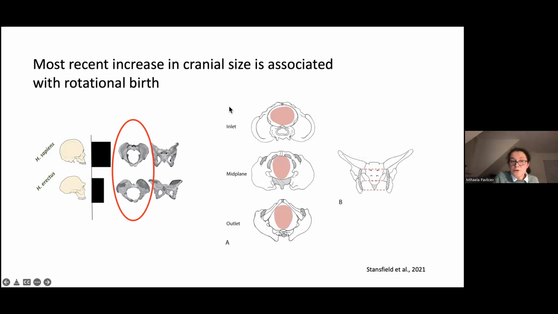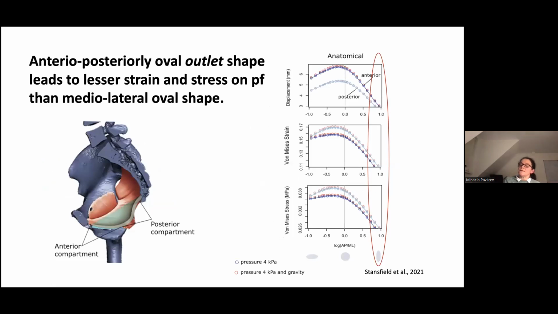And we also know that humans have a rotational birth. So we have here the 3 parts of the pelvis, 3 levels of the pelvis: the inlet, the midplane, and the outlet. And so a recent study by Katja Stansfield and colleagues in Vienna used modeling to understand what the pressure really is on the pelvic floor, and also a little bit to explain what kind of shape would be the ideal shape, what the displacement is, what the strain is, and what the stress is on the pelvic floor.